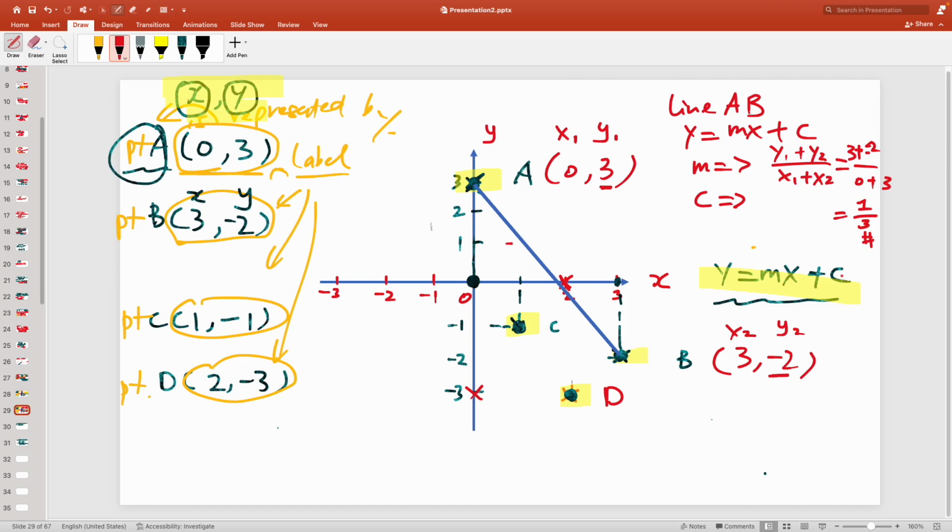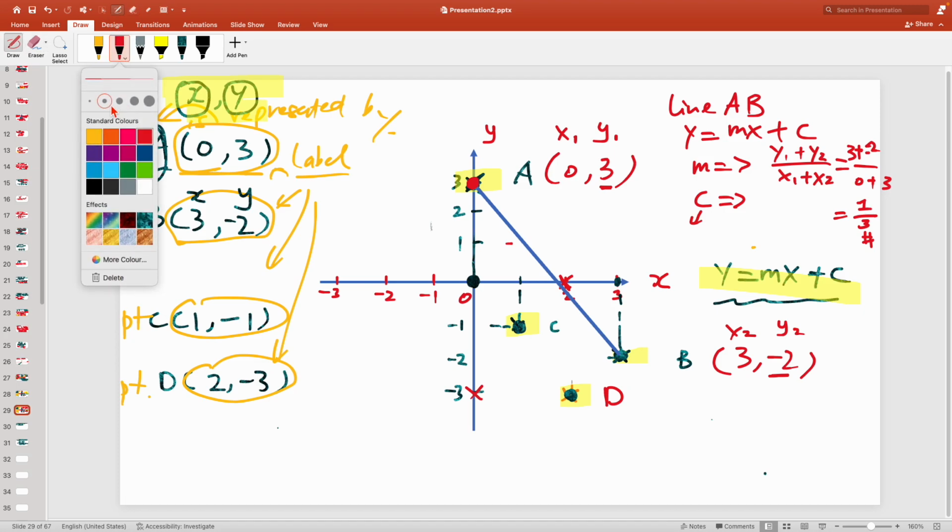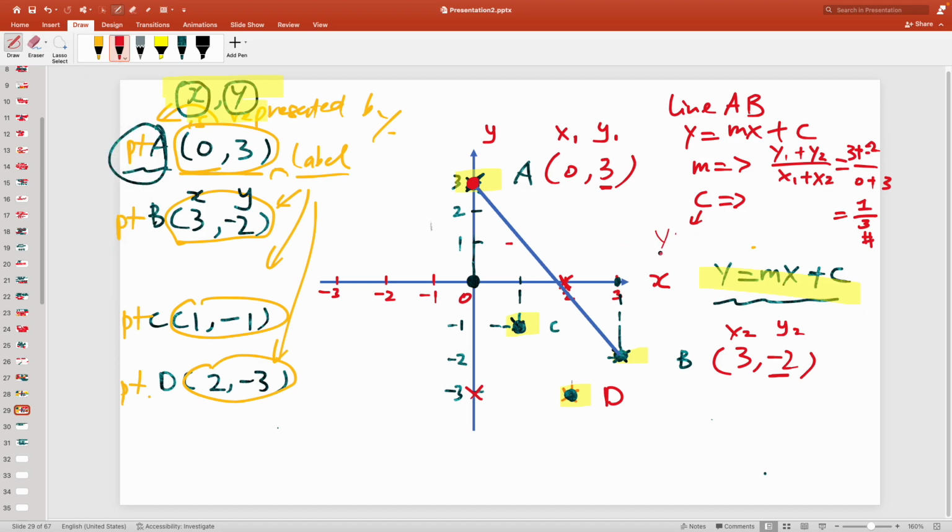Then what is your c? Your c is very simple. c is called the y-intercept. Do you know the meaning of intercept? It cuts the y-axis. So it cuts the y at what point? 3.